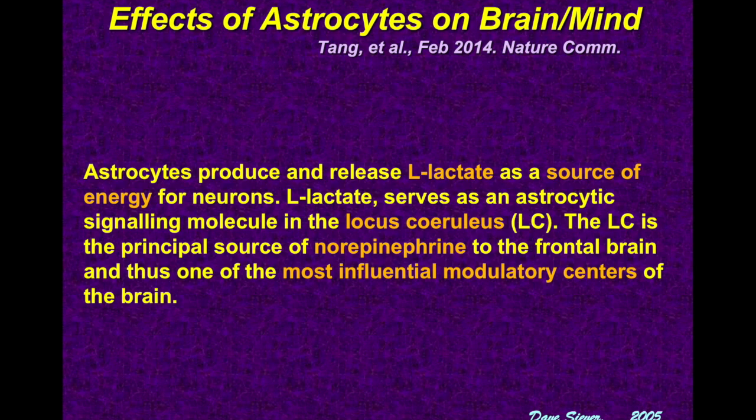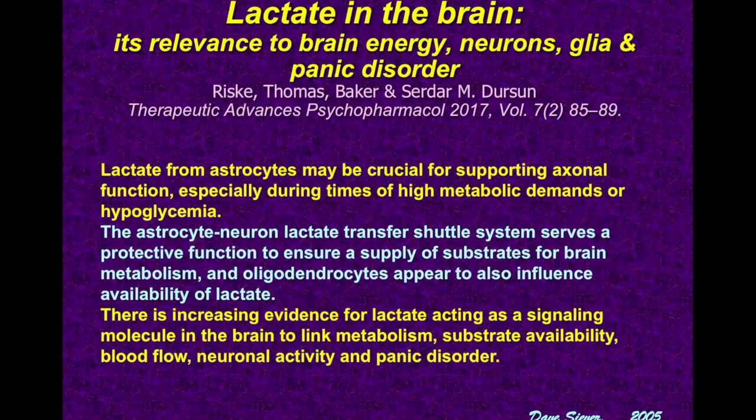And in many disorders of the mind, the adrenaline in the brain is low. So we can see here that this stimulates the brain's adrenaline, and that gets norepinephrine to the frontal brain, and the locus coeruleus is one of the most influential modulatory centers of the brain in terms of waking that brain up so it can be active and it can do things and reason and plan and process information and so on.